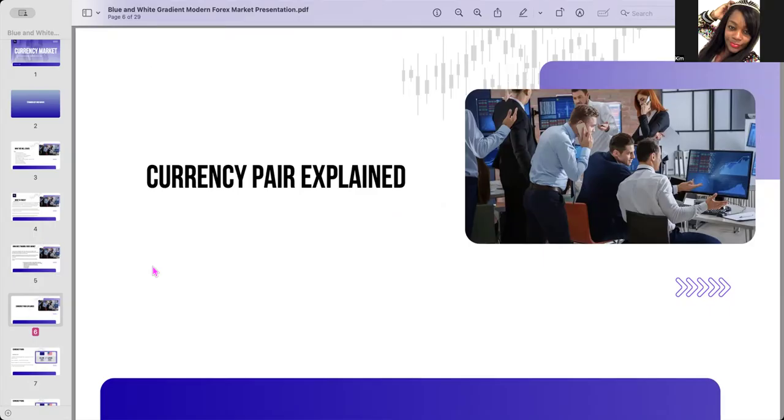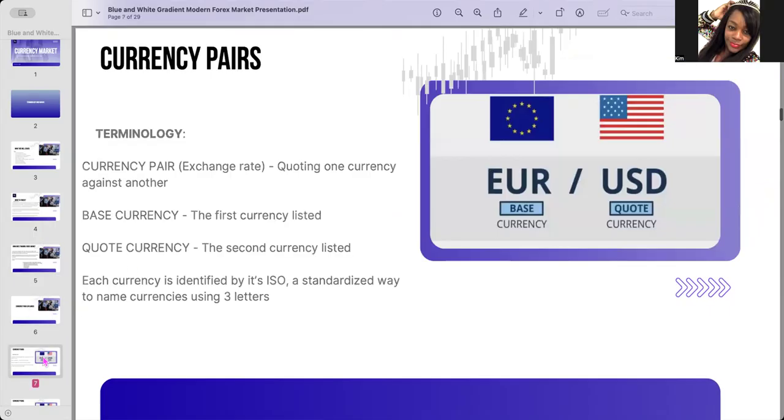So let's talk about the currency pair. The currency pair, or the exchange rate, is quoting one currency against another. As you can see here, you have the Euro USD. We're comparing the Euro against the USD, which is the US dollar.